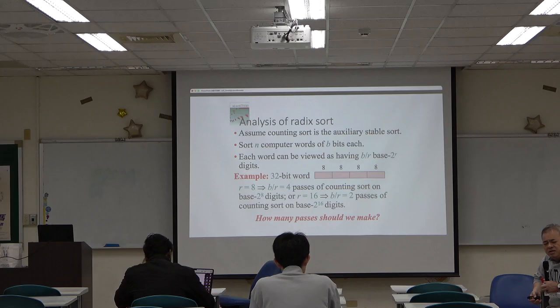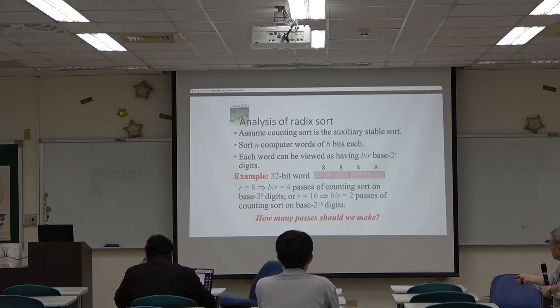Depending on your hardware, the word may be 16 bit, it may be 32 bit. But anyway, assuming each word is b bits, each word can be viewed as having b divided by r base 2 to the power r digits.